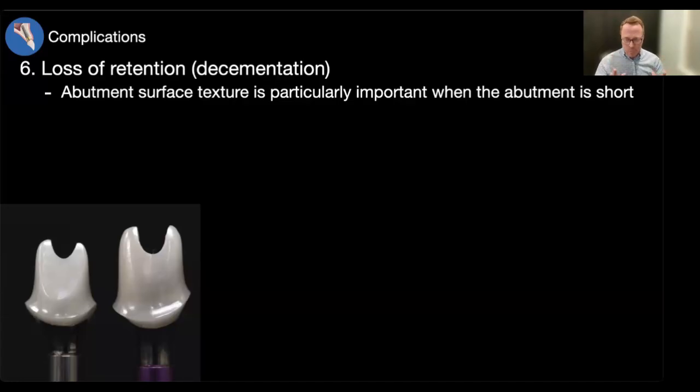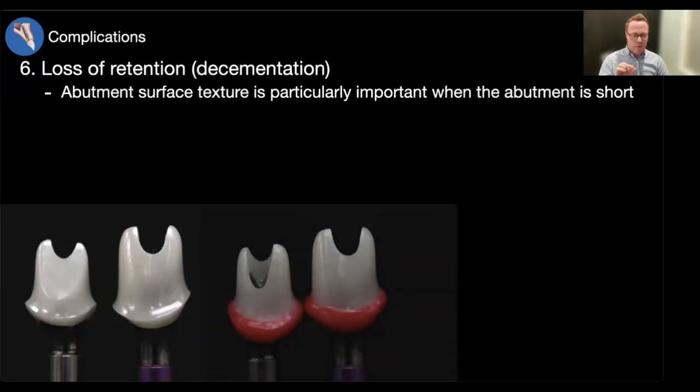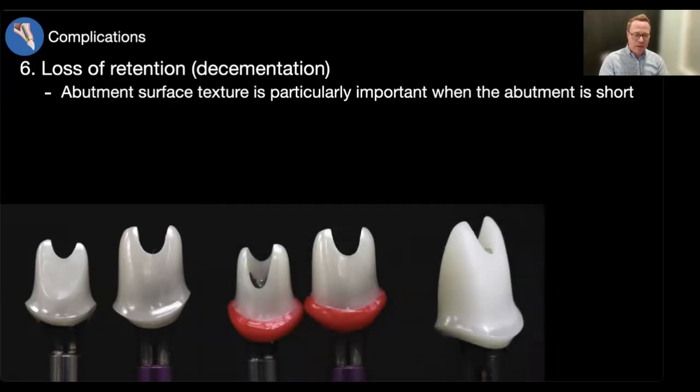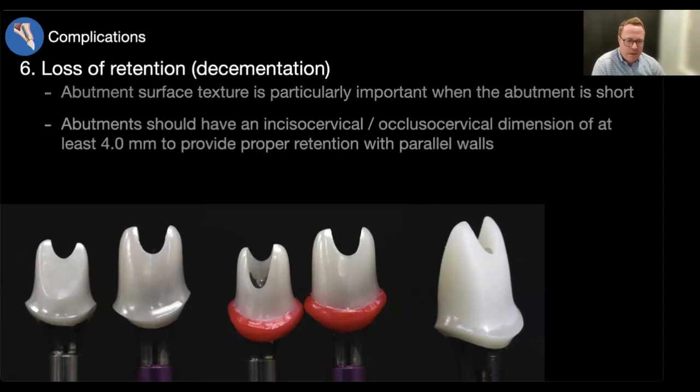It should have parallel walls, with a little taper, but as parallel as possible, and ideally a more roughened surface to help give you mechanical locking to that abutment. And so in this specific one, it came back very polished zirconia. So I actually protected the finish line and the subgingival area, and then air particle abraded the top part to give it some mechanical undercuts, or just mechanical retention.